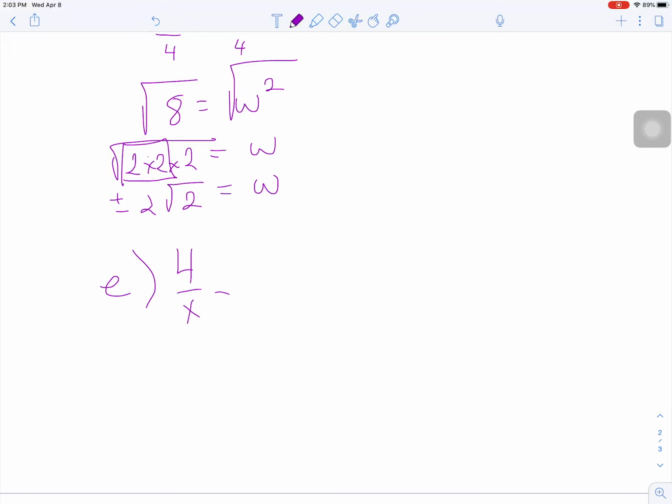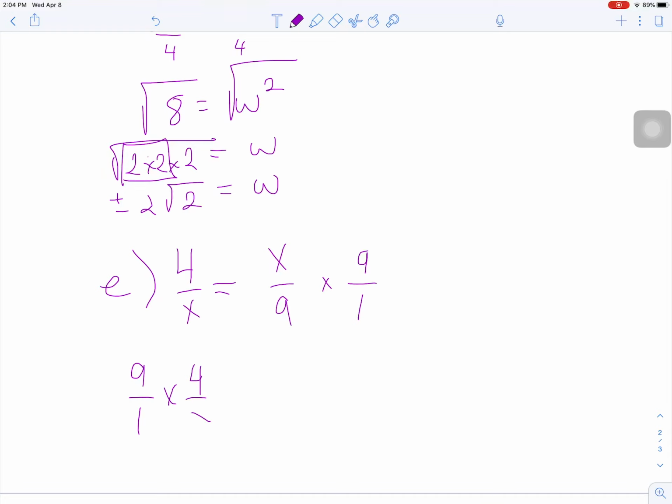So E, let me copy that down: 4 over x equals x over 9. So when we go through our solution for E, give yourself a few seconds to figure that out. Okay, here we are going for our solution for E. We're going to have to multiply this side by 9 over 1 to get rid of that 9.